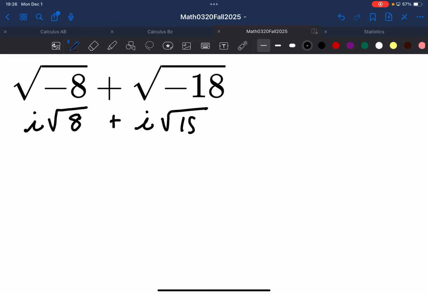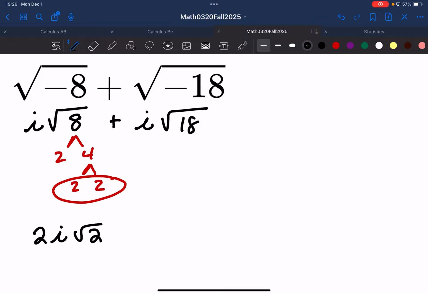I square root of 18, and again, I have to do the tree. So for 8, this is 2, 4, and then 2, 2. So we would write this as 2i square root of 2. And then the next one would be 2, 9, 3, 3. So this would be plus 3i square root of 2.